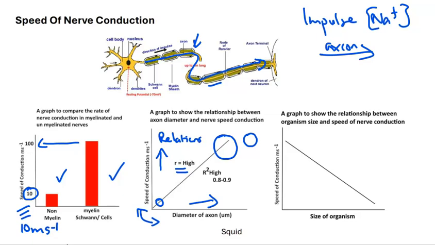That's what a correlation is. It's a relationship, and designated, as you can see here, as R. So that R value tends to be quite high, around about 0.8.